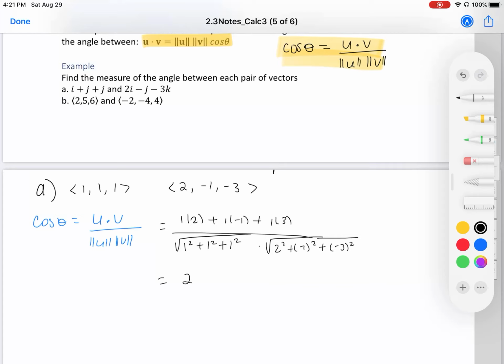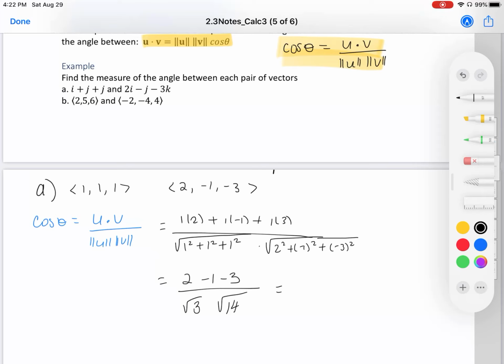And that gives us 2 minus 1 plus 3, which should be a 3. So that's a 3 divided by the square root of 3 times the square root of 14.